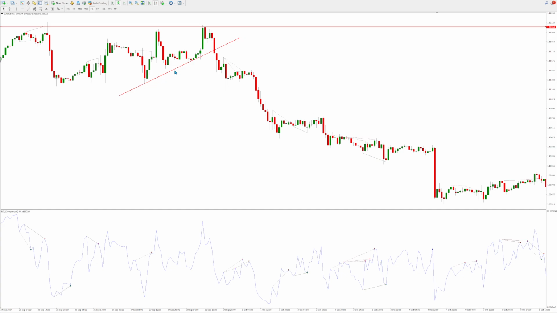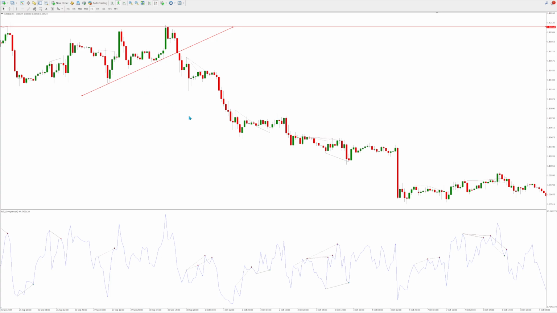Okay, there's also a wedge pattern here.